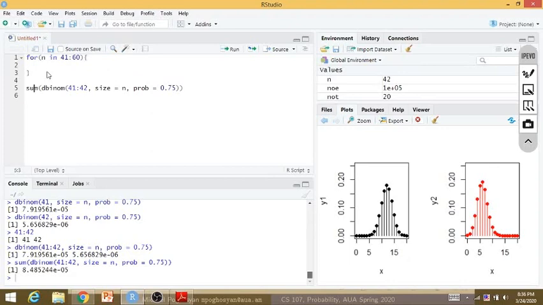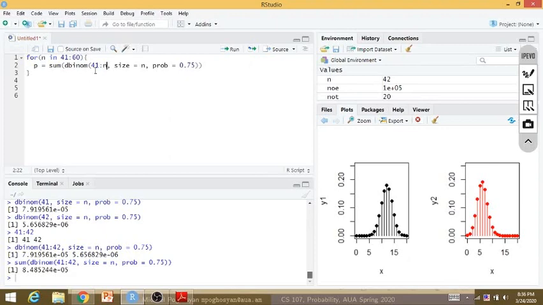Okay, I want to cut this and put it here. Okay, so calculate this. So let me denote this by P. Calculate this, but I need to calculate that for a vector starting from 41 to n.